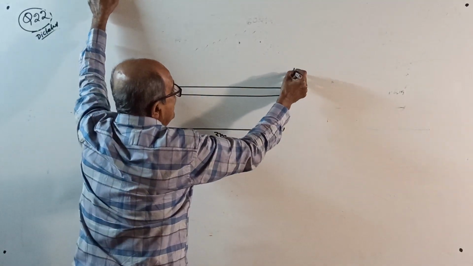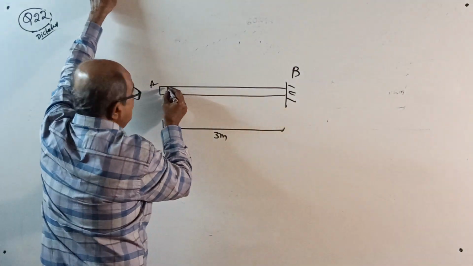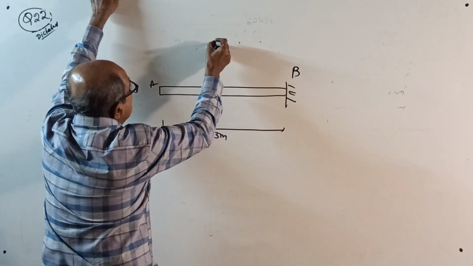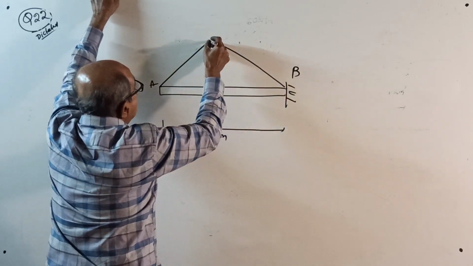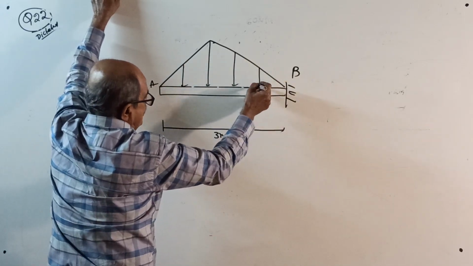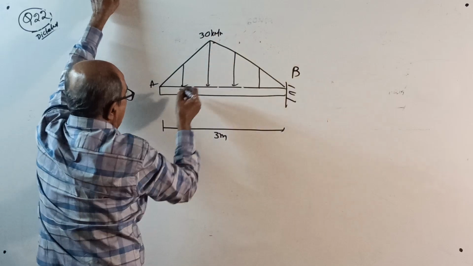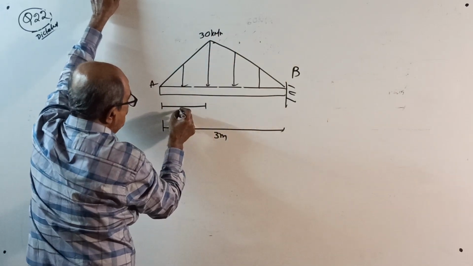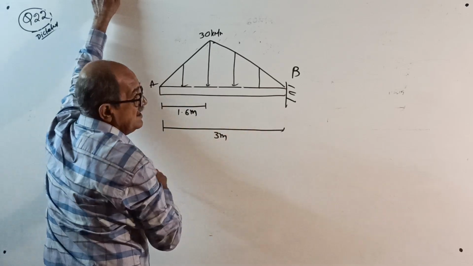A, B. It is loaded by a uniformly varying load which has intensity 0 at both ends and a maximum of 30 kilonewton per meter at a distance of 1.2 meter from the free, left end.